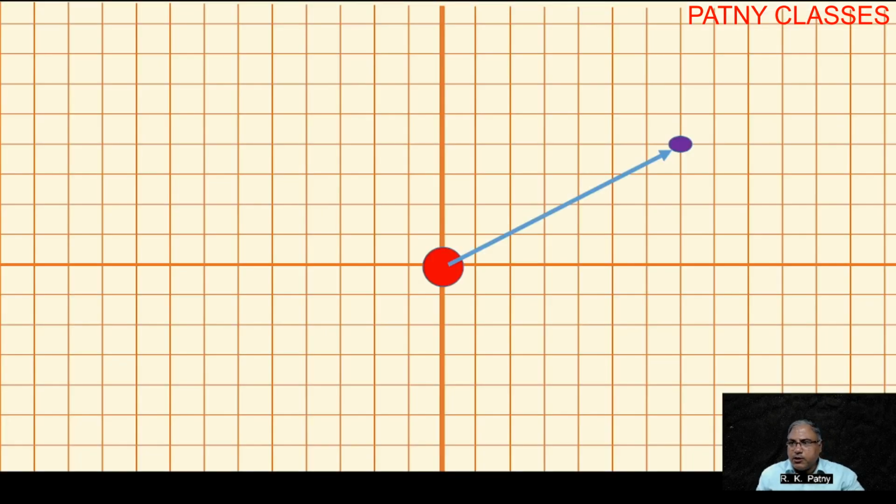One more thing I need to tell you: both the charges are placed in vacuum, so that no other interfering medium is present between both the charges.